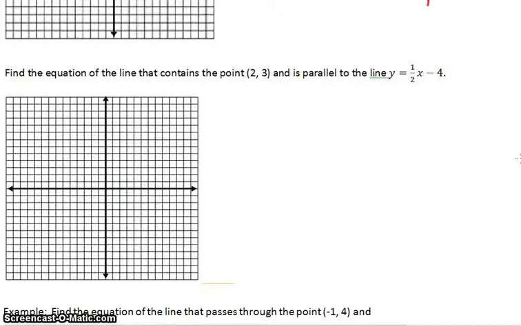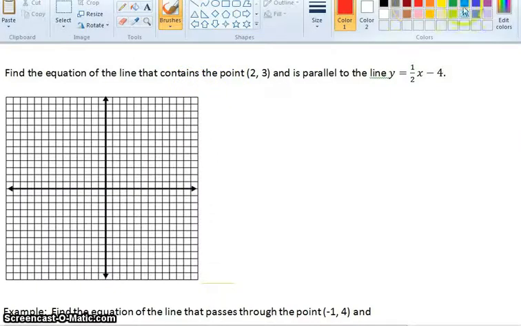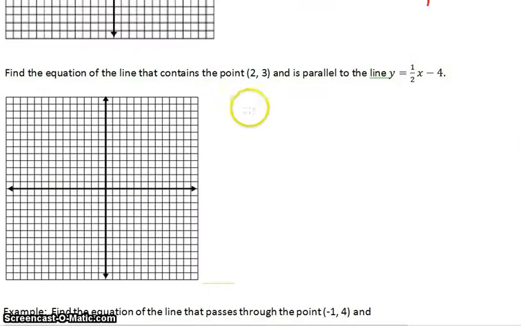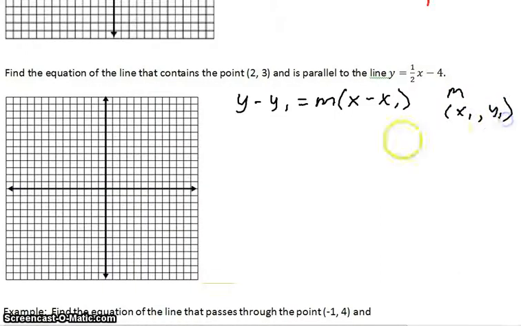Now, you might be asked to write an equation of a line rather than just tell if things are parallel or not. And you can see here it says to find the equation of a line that contains a point and is parallel. Now, from the previous section, we have this equation that we're going to use. And remember, we have a point and a slope. So we need that information.